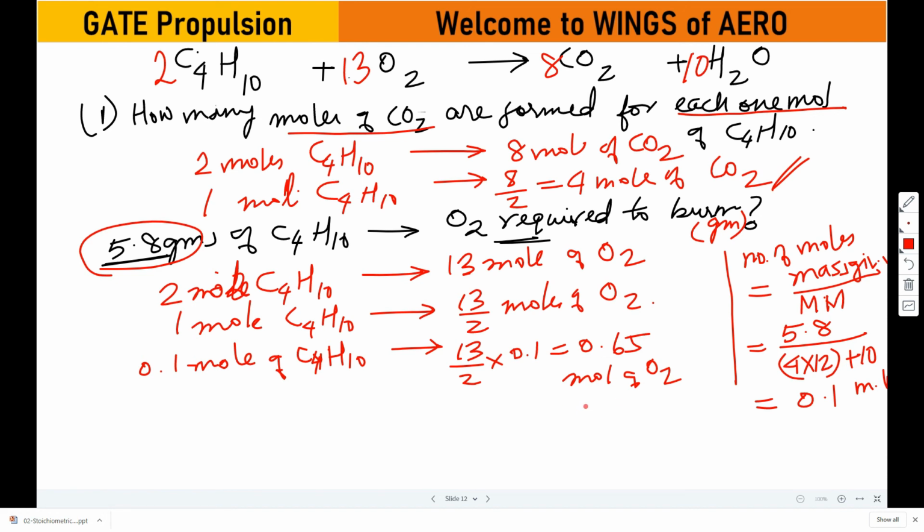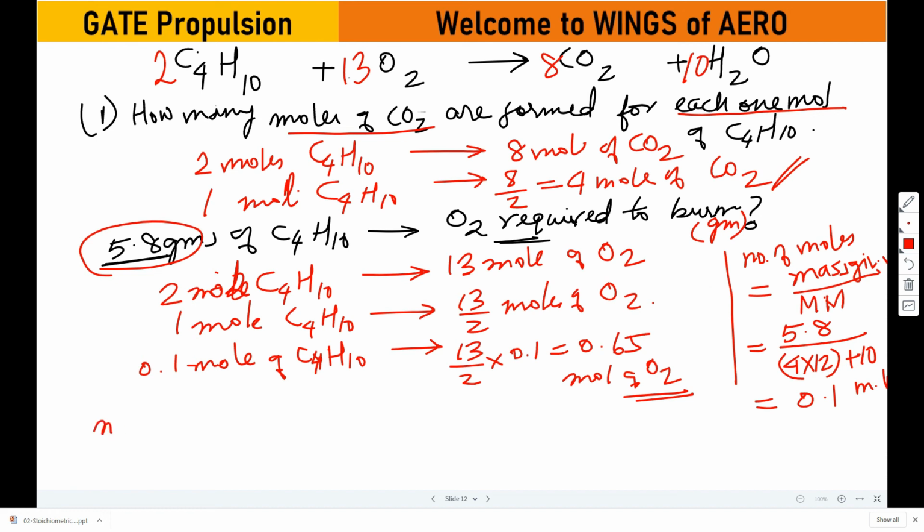Now from here, this mole I need to find in terms of gram. Suppose they are asking in moles, you keep it as it is, this is the answer. But if they are asking in terms of grams, now you know the number of moles, that is 0.65, so again use the same formula.